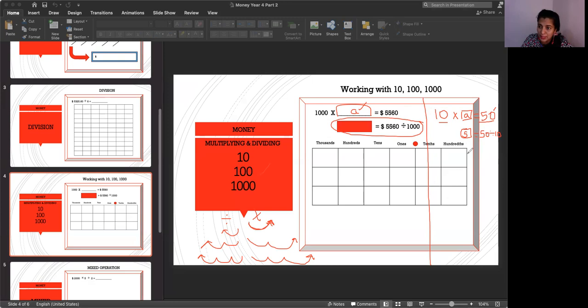So to find your A, you treat this 10 here, your 1000 is like the 10 here, and your 5560 is like your answer. So you take your 5560, which is your 50, and divide by 10. Your 10 is 1000. So you divide by 1000. You simplify the question, in other words.